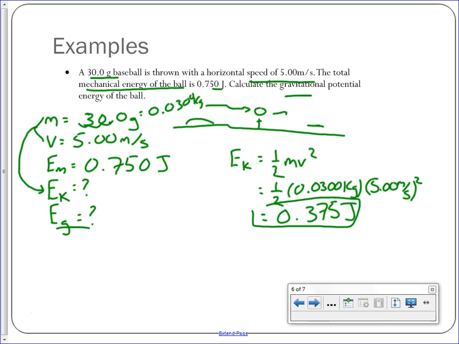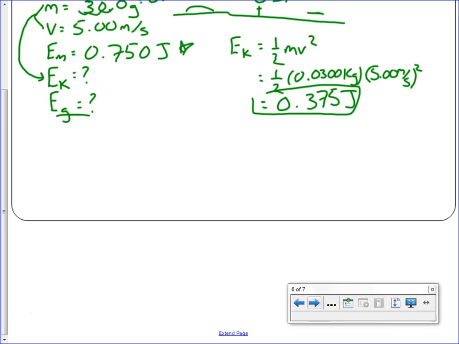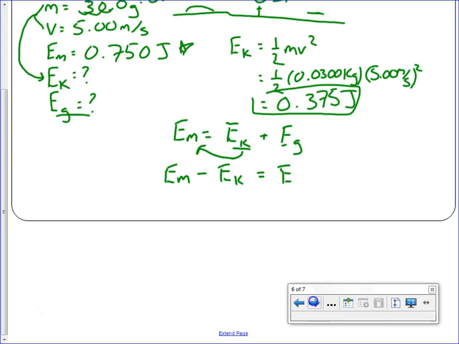Now we found out the kinetic energy of the ball. Now we're looking for the gravitational, but we're given the mechanical energy. So our mechanical energy is equal to the kinetic energy plus EG. To rearrange this and move this over here, we need to subtract. So EM minus our kinetic energy is equal to our potential energy. Now it's just an easy plug in and solve.